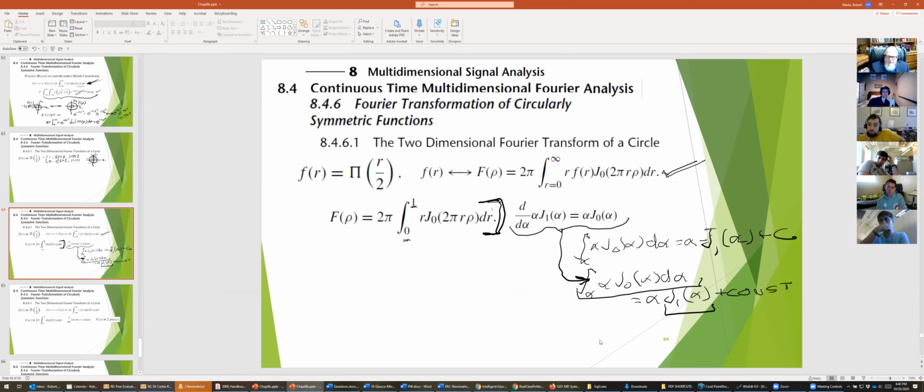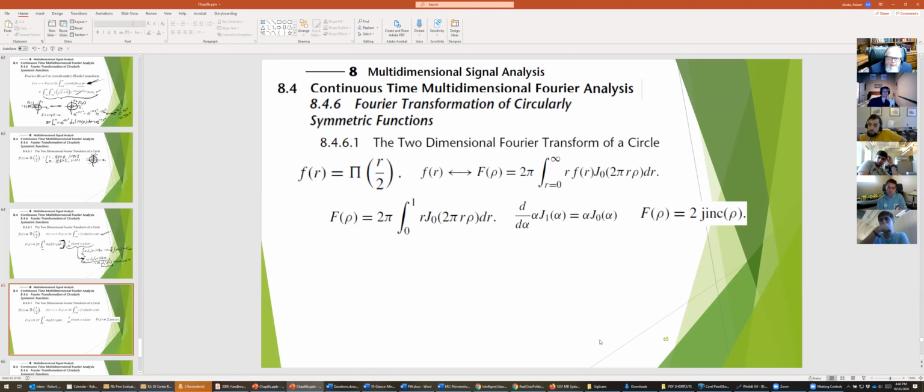If one does all of the variable substitutions correctly, guess what f of rho turns out to be? It turns out to be a J1 of x over x, which we know as our old friend, the jinc. The Fourier transform of a circle is a jinc in 2 dimensions. Interesting, right?